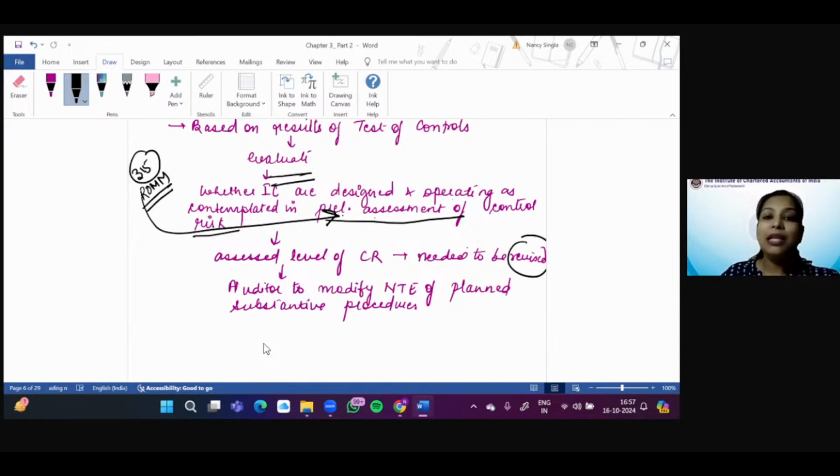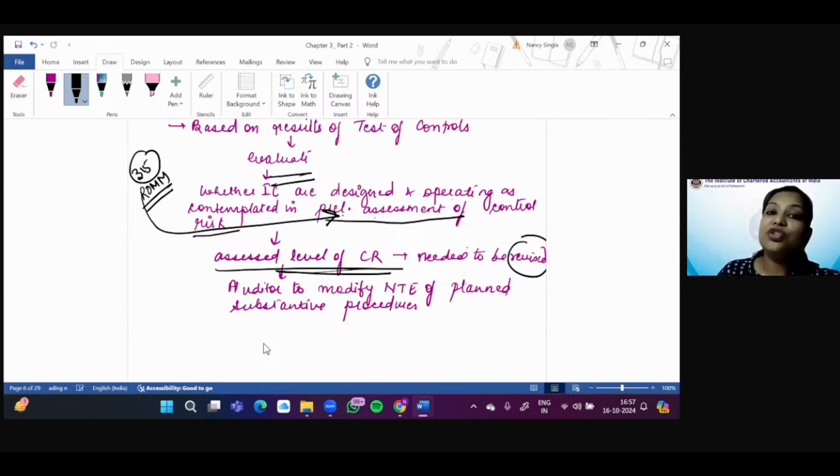For example, at the time of identifying and assessing the risk of material misstatement, when he obtained information and assessed the control risks, he thought that the internal controls were really very effective, and he intended to rely on the internal control. But when he is actually testing the internal control, he found that it is not operating throughout the year. So now he is going to revise his assessed level of control risk.